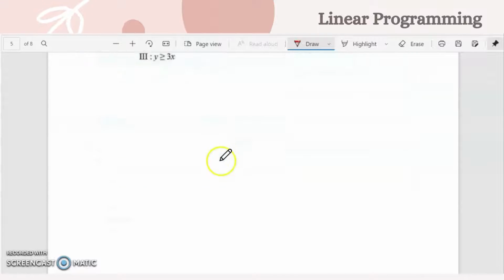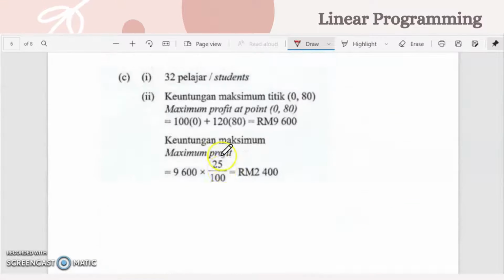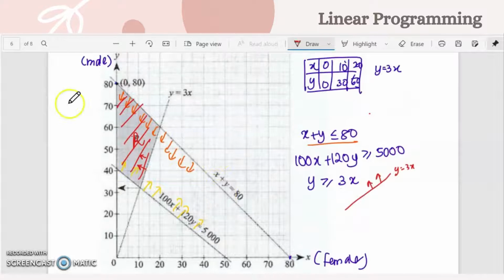Okay, minimum number. So from this graph, okay, kita akan tengok pada part Y. Okay, the minimum number. And then kita refer kepada this line. Okay, because this line is actually from the ratio 3 to 1 that we did just now.